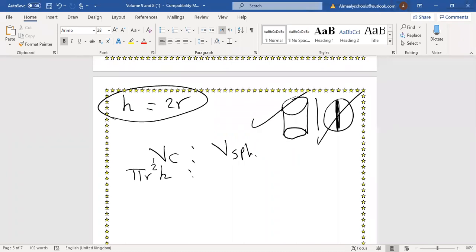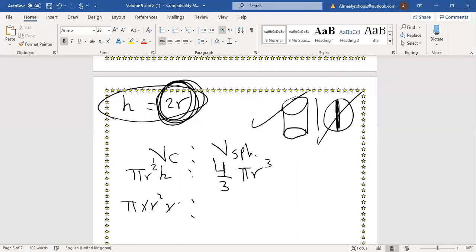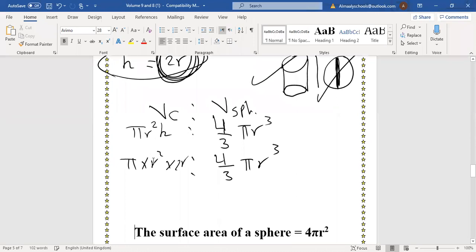And what about the volume of the sphere? The volume of the sphere is 4/3 pi r cube. Very good. Ahmed, h equals what? H equals 2r. So it will be pi r square multiplied by 2r over 4/3 pi r cube.